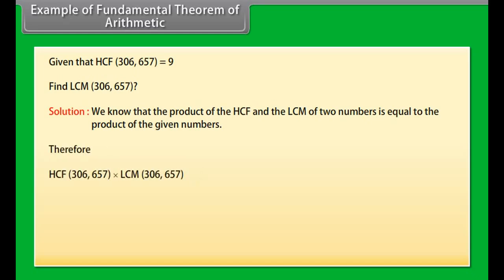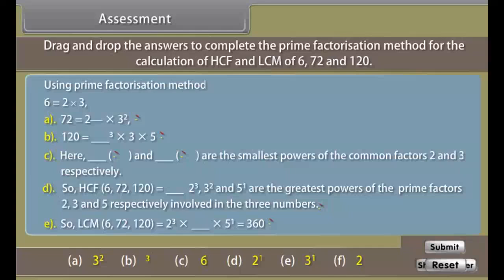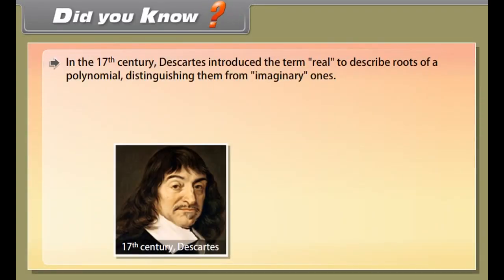Therefore, HCF(306, 657) into LCM(306, 657) is equal to 306 into 657, so 9 into LCM(306, 657) equals 306 into 657. LCM(306, 657) equals 306 into 657 upon 9. LCM is equal to 22,338.